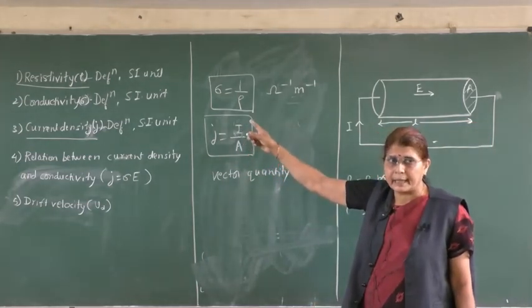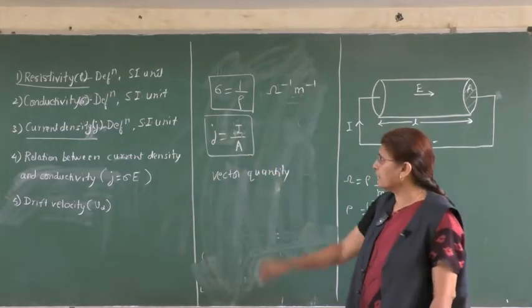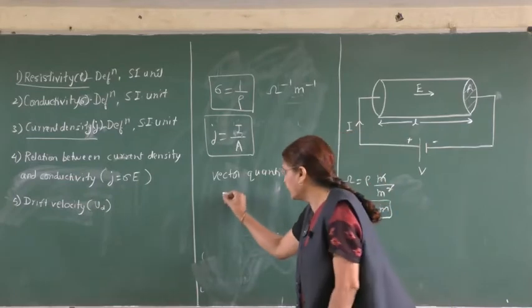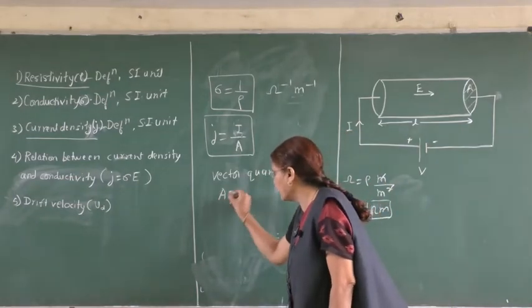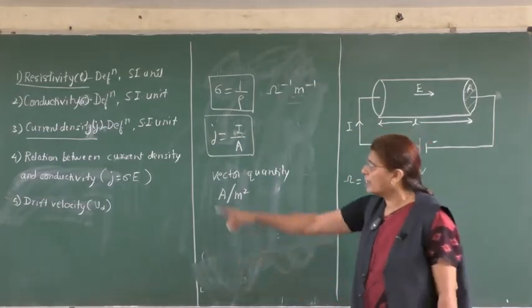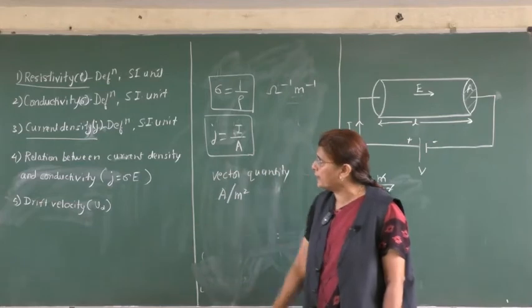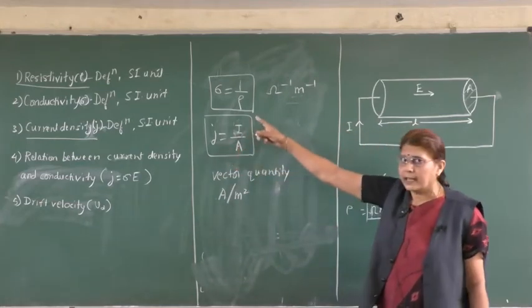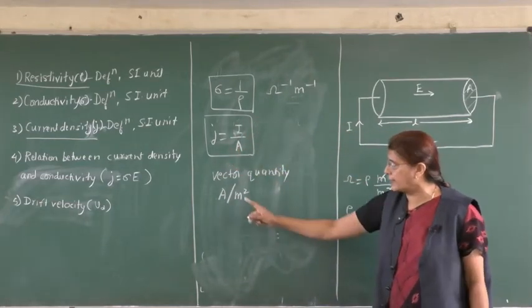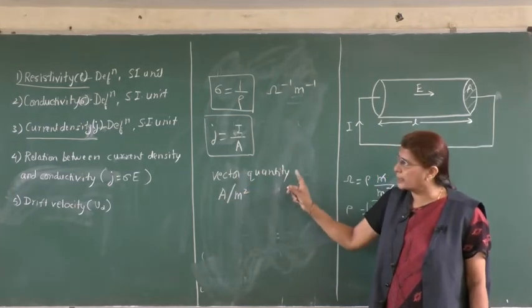Current is expressed in amperes. Area is expressed in meter square. So naturally the SI unit of current density is going to be ampere per meter square. So this is the definition and the SI unit. I repeat once again, current density is current per unit area, the SI unit is ampere per meter square, and it is a vector quantity.